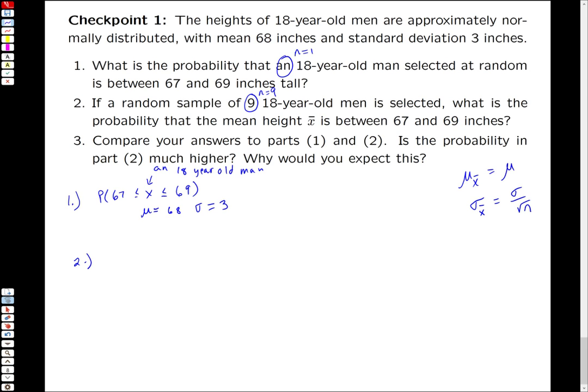On the second one, it said 9 18-year-old men. So you're looking for the probability 67 is less than or equal to x bar is less than or equal to 69. It's not x, it's x bar, which means you have to use the mean mu x bar is equal to the same mean you had before, which was 68, but your standard deviation for x bar is the original standard deviation over the square root of 9.